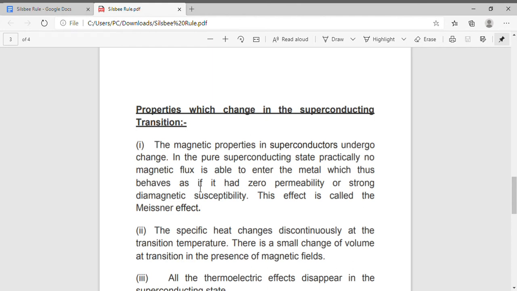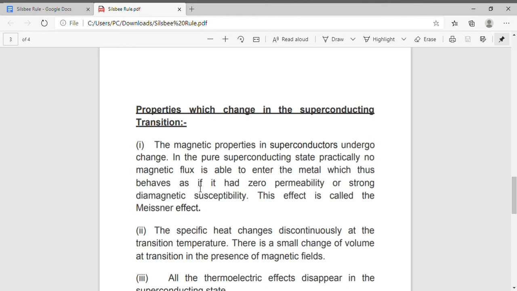In the normal material, magnetic field lines will penetrate inside as well as outside the region. Whereas in the superconductor, magnetic field lines will be only outside the superconductor. Inside the superconductor, B will be 0.